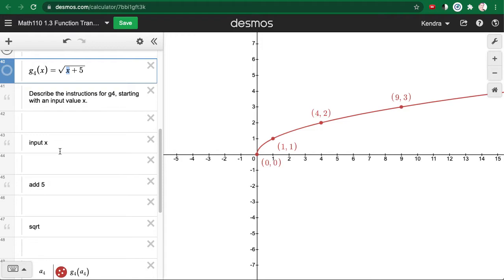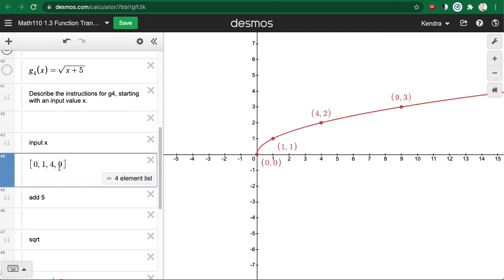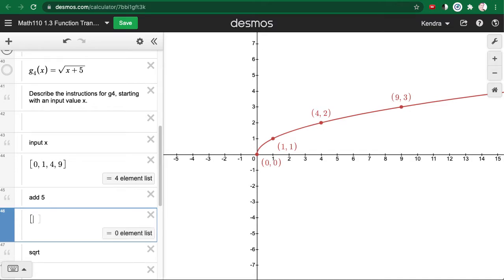Now I want to think a little bit more carefully about where I put my key input values. If I take those key input values and then add 5, then I have 5, 6, 9, and 14. These are 5 more than those inputs.